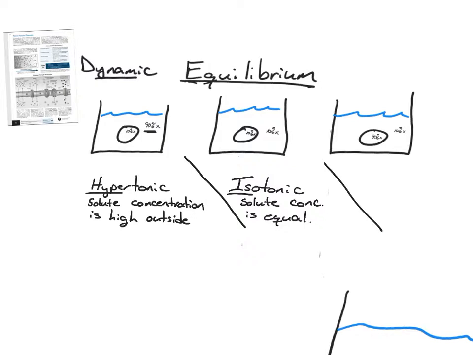And when the outside is low concentration, then that solution is called, what, anybody have a guess? Anybody? Some of you might know. Good. That's a good guess, really. But it's actually hypo, correct. Hypotonic, because hypo means low or under.